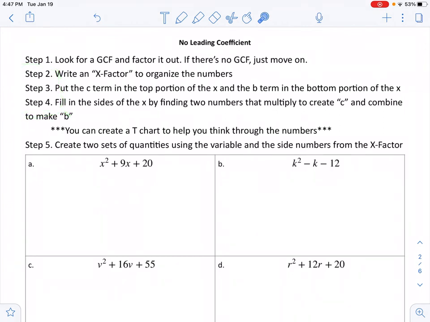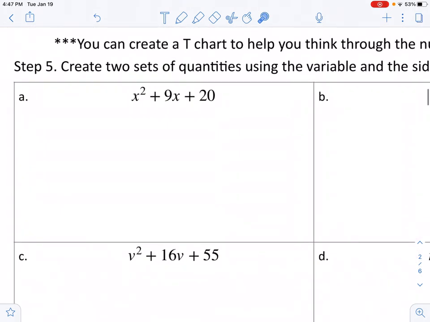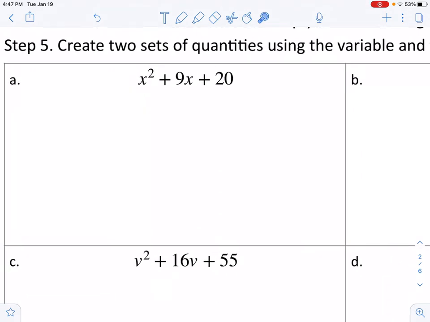So the only thing new here is going to be step 5. Step 1 you just covered in the last lesson, which is to look for a GCF. This is just general rules. We always want to look for a GCF and factor it out before we break everything down. And that's greatest common factor for those who aren't tracking.